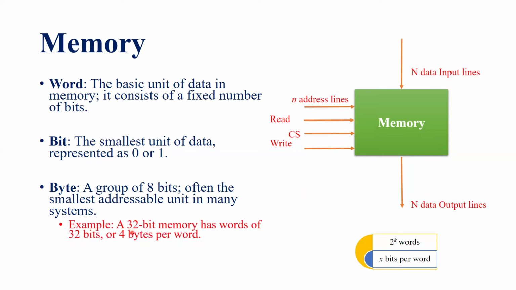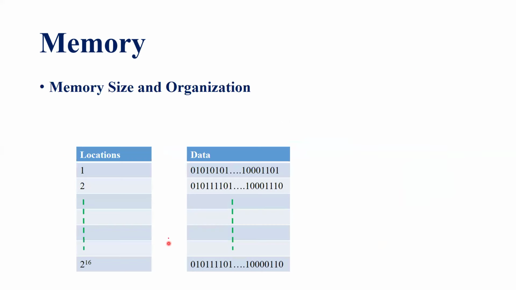For example, a 32-bit memory means it has 32 bits in one word, or 4 bytes per word. If you say I have a 16-bit memory, it means it has a word of 16 bits, or 2 bytes per word. Remember, 1 byte is 8 bits.